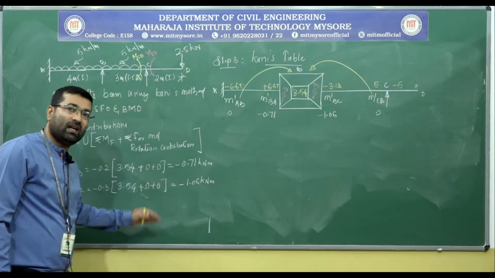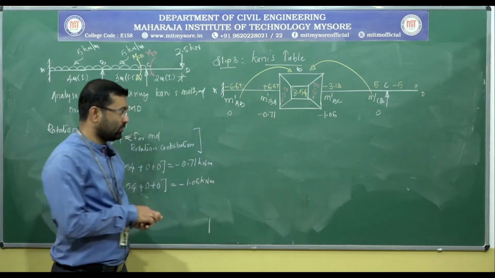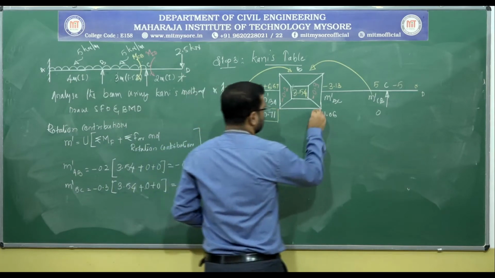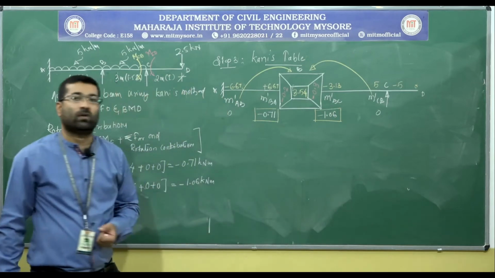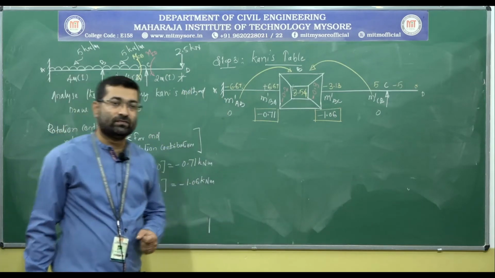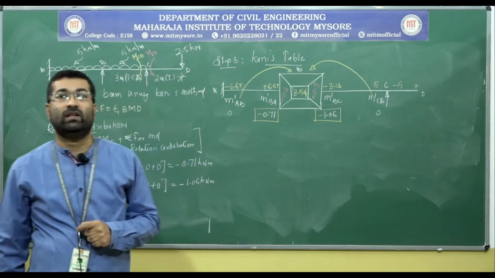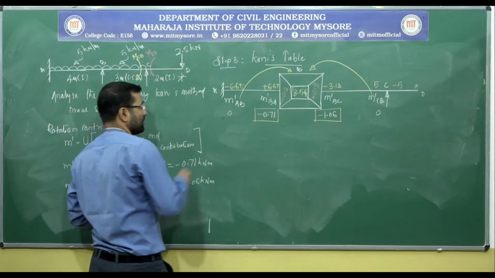So even if you go for any number of cycles, you will get the same values. So these are the final rotation contributions. Using these, we have to work out the end moments. That is step number 4.